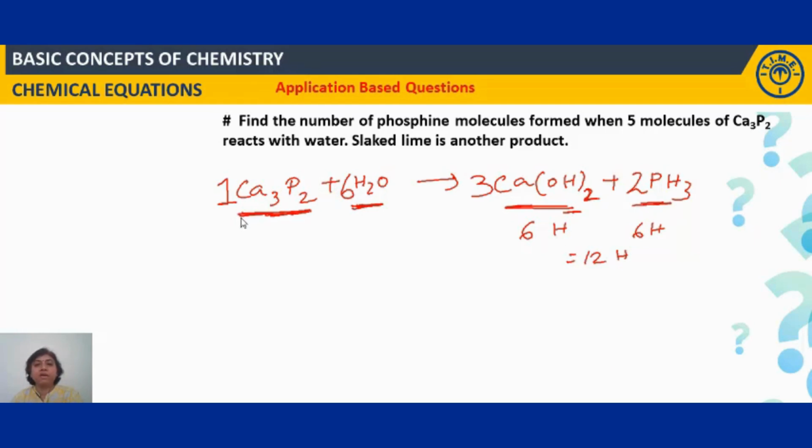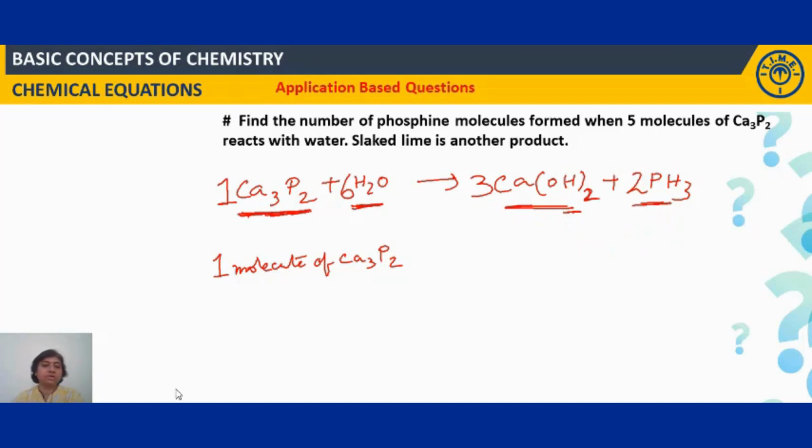Then if 5 molecules of calcium phosphide, okay, let us write it, then you will understand better. 1 molecule of Ca3P2.